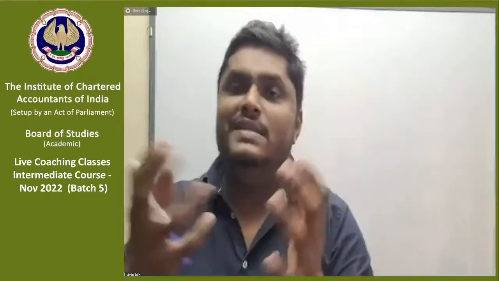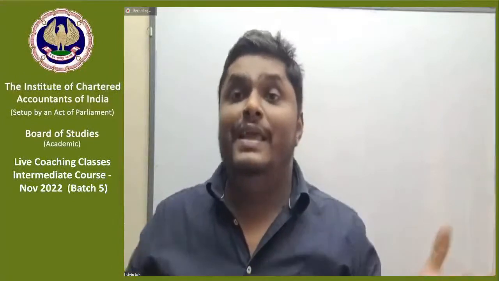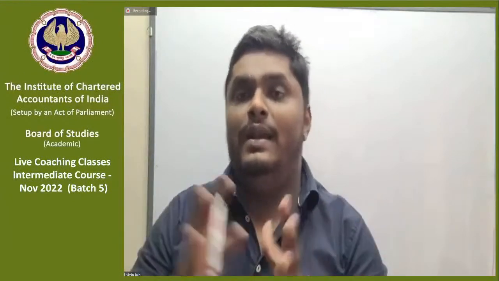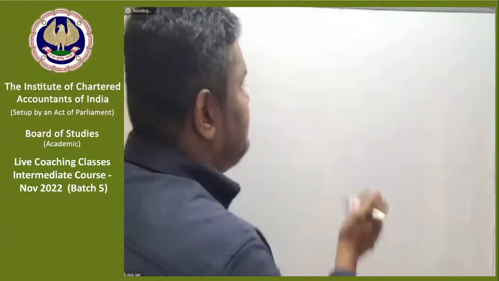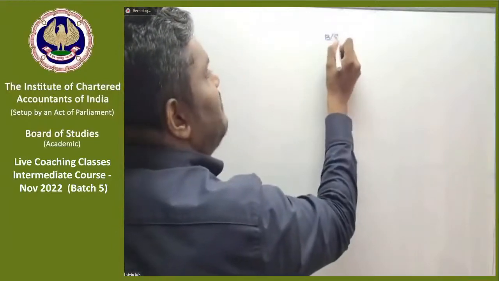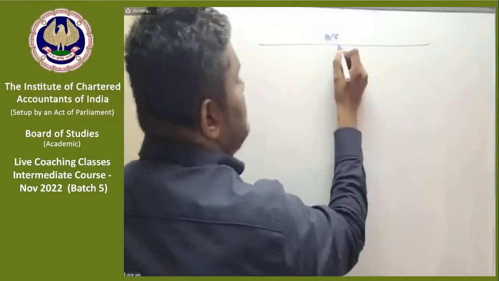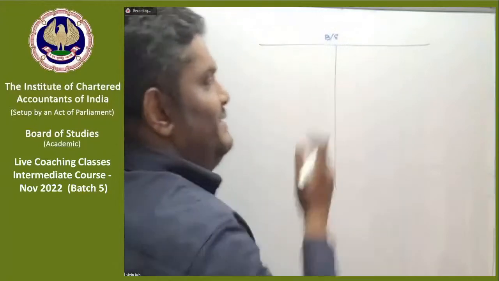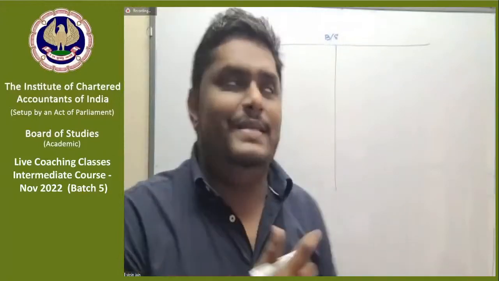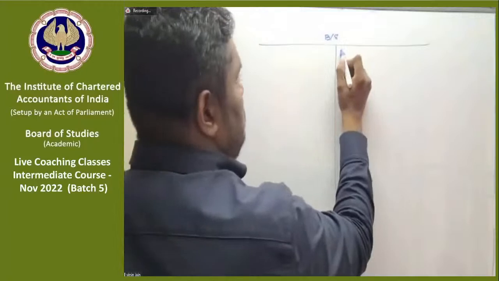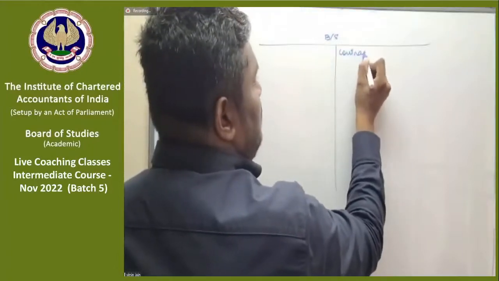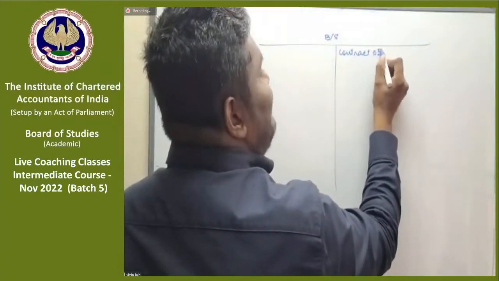Now, guys, let's discuss how to present in balance sheet relating to a particular contract. So let's say there is a balance sheet, two sides, liability and assets. Let's say there is contract number 0585.